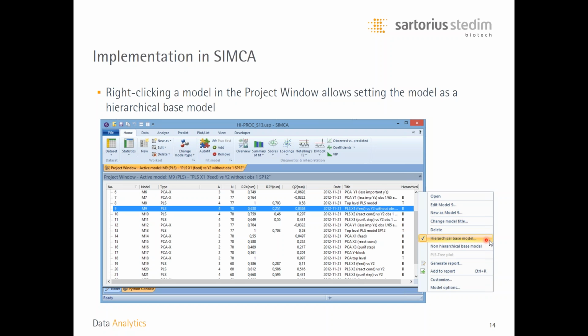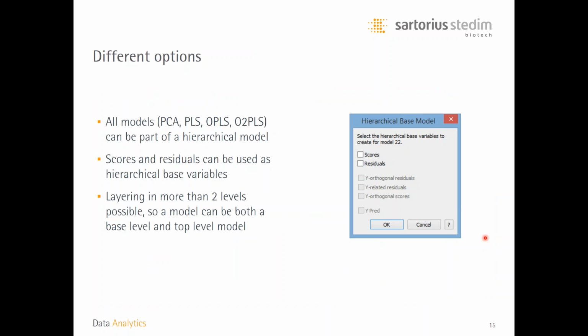So when you are clicking and selecting this choice hierarchical base model, then what will happen is that this window will open up where you're going to specify how to form or define the super variables, the hierarchical base variables to be used. So as I've said on previous slides, all the basic methods can be part of a hierarchical model, and depending on which model you are currently working with and invoking into the hierarchical scheme, different choices are eligible.